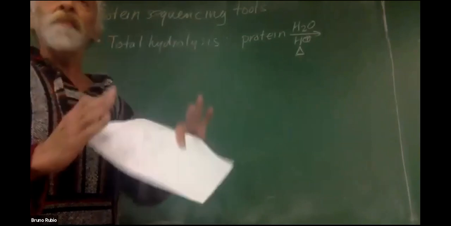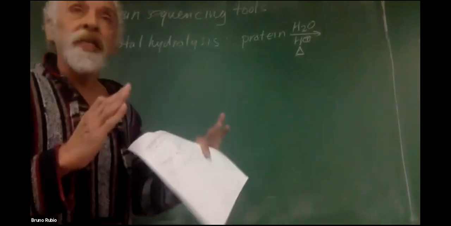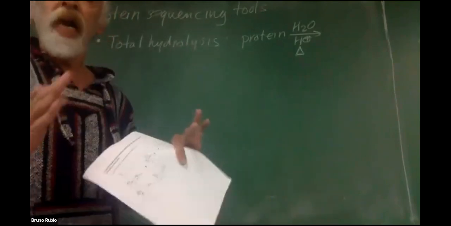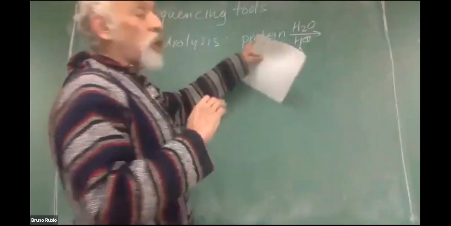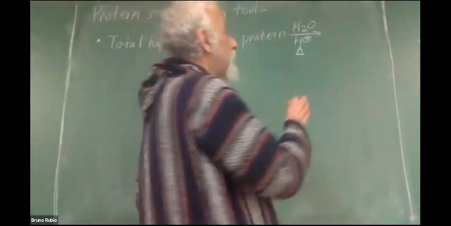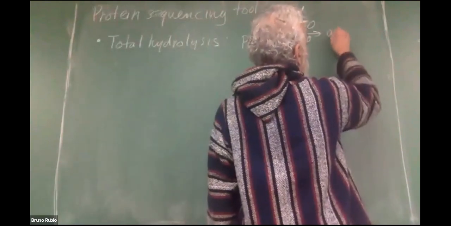And so we have all of these carbonyl carbons bonded to something that's not carbon, not hydrogen, bonded to nitrogen. The water takes the place of those leaving groups. So total hydrolysis of the protein takes the protein and just chops it up into the amino acids.